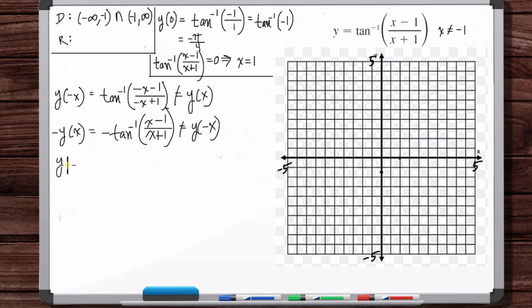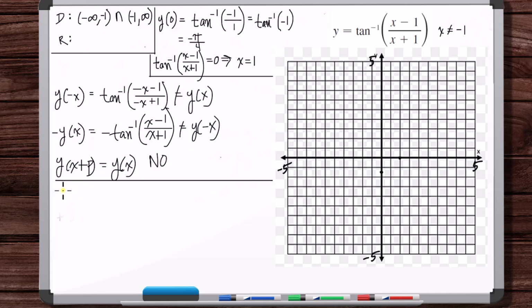Now, what about periodicity? Is there some number p such that y of (x plus p) is equal to y of x? We've got an inverse trig function, but inverse trig functions are not periodic like the trig functions are, so no. There's no symmetry.